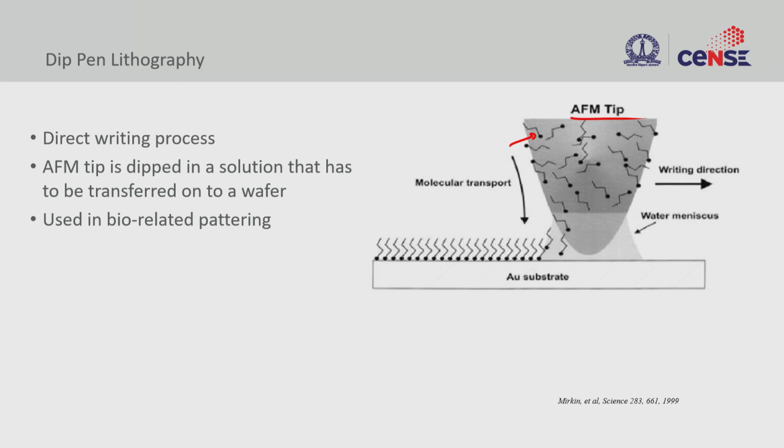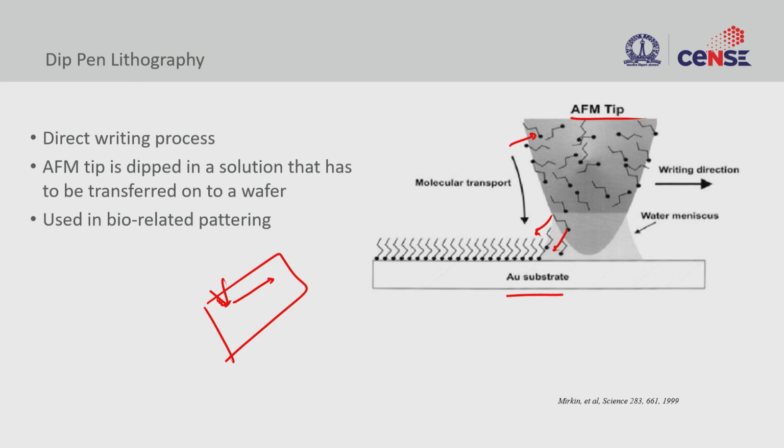So you first dip it into a solution that has these molecules, and then you lift it up and then bring it to the substrate that you want these molecules to be transported to, and then you slowly move this pen on top of the substrate, and as you move along the substrate you will see all these molecules come and attach to the substrate.